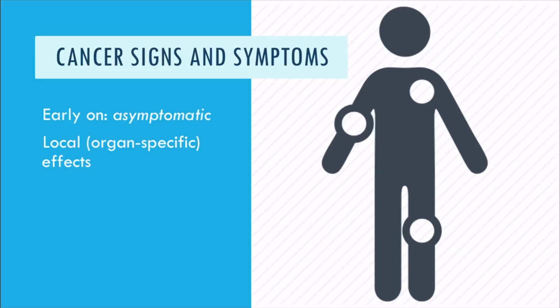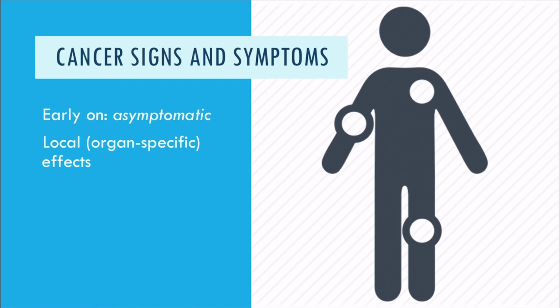All right, so cancer signs and symptoms. Early on, many cancers are asymptomatic. Typically the symptoms of any individual cancer will be specific to the organ that's affected. So we'll hit on some of this when we actually talk about specific pathophys of the organs.